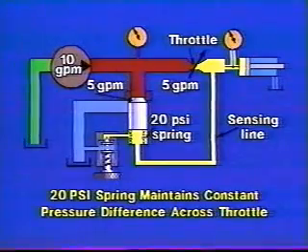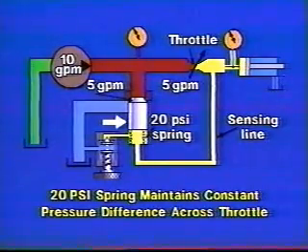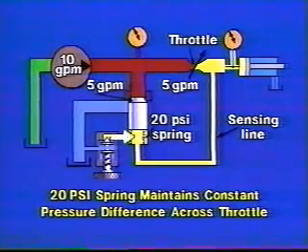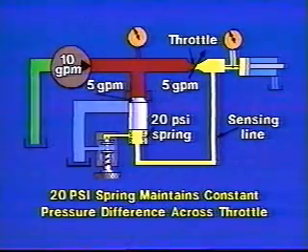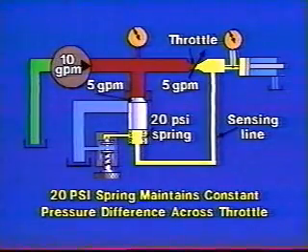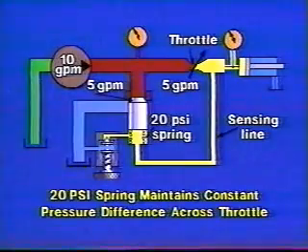What we've done here is teed off the main line to our little spring-loaded poppet. Let's assume that the spring force here requires a pressure of 20 psi on this area to overcome it. Let's also assume that the load on the cylinder is practically zero. We have a 10 gallon per minute pump, and the flow control is adjusted for 5 gallons per minute.